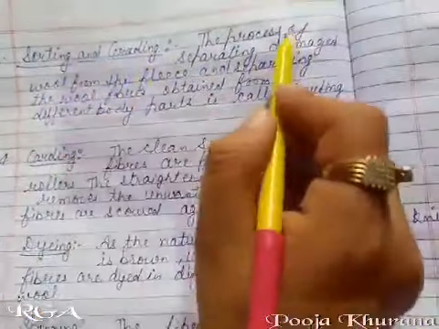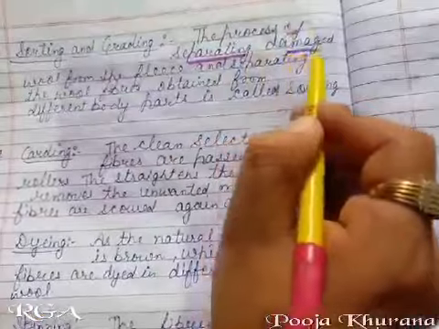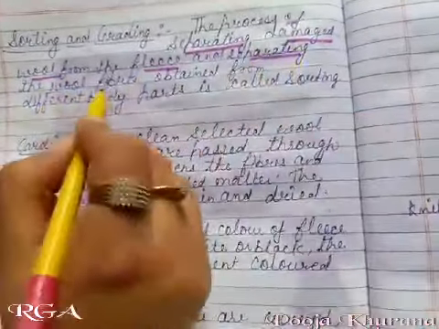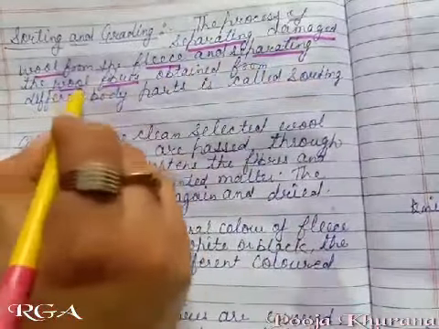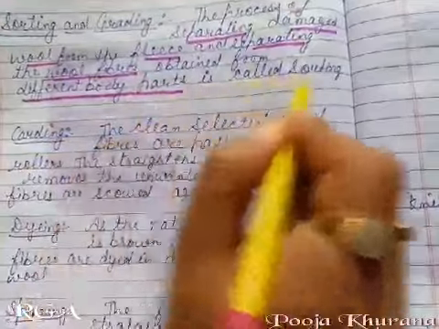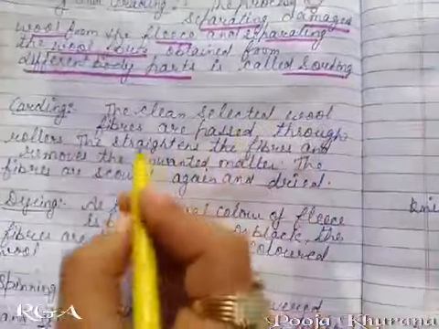Sorting and grading. The process of separating damaged wool from the fleece and separating the wool fibers obtained from different body parts is called sorting and grading.